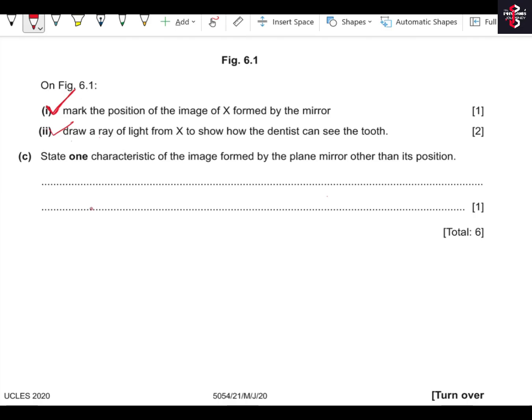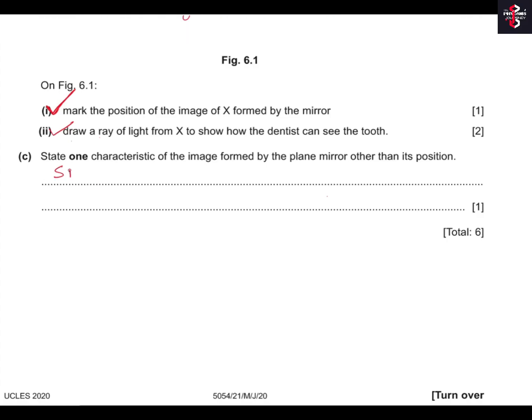Now, in the next part, we are asked to state one characteristic of the image formed by the plane mirror other than its position. So, we know that the size of image formed by plane mirror is equal to size of object.